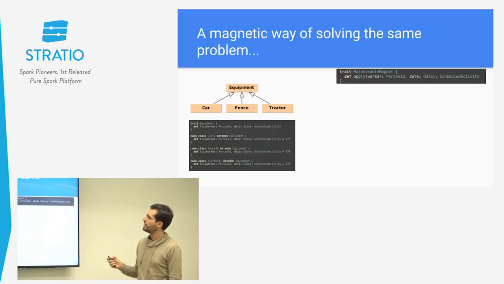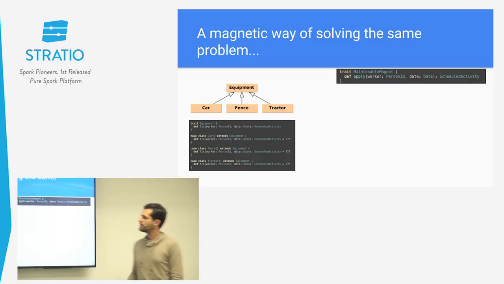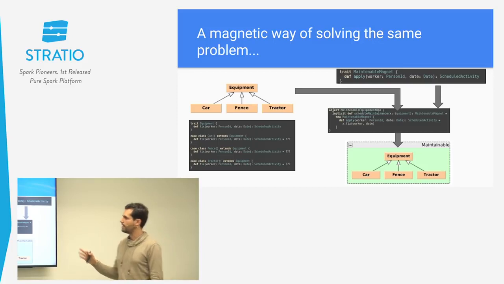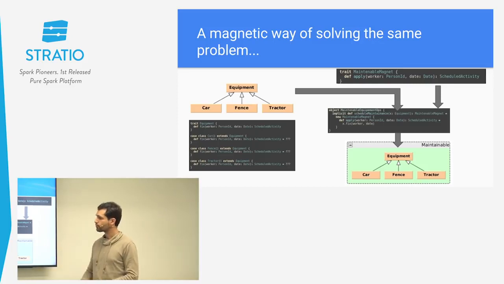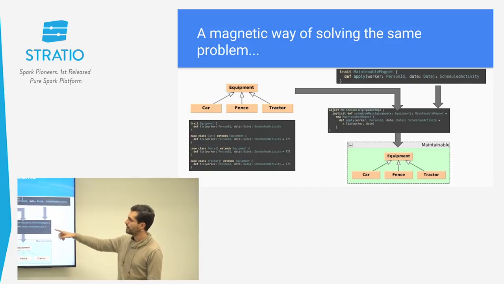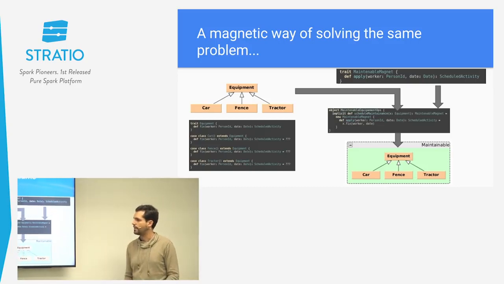This time, it doesn't do it. It just receives its context. And that's possible because the association operation is an implicit conversion from equipment to magnet. So in that implicit conversion, you add the behavior.